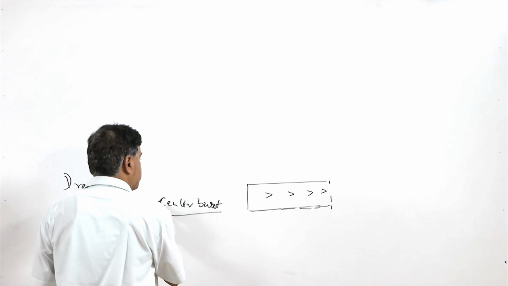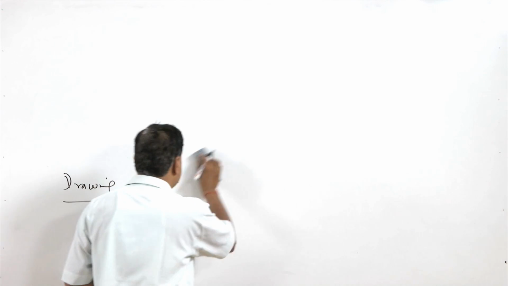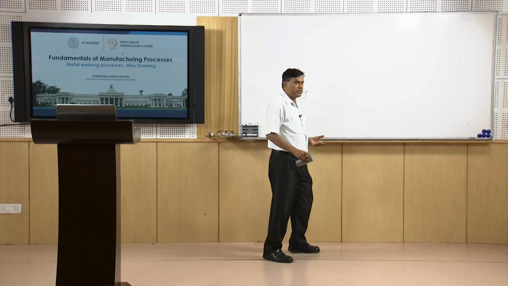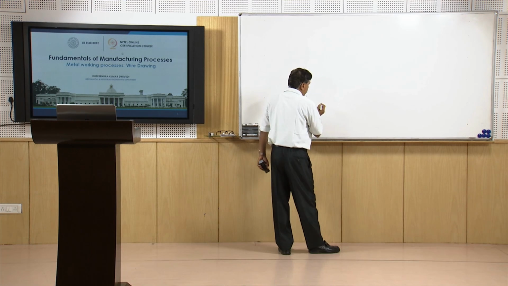There is another aspect apart from center bursts, and this happens primarily due to the differential deformation in the wire being drawn in the course of drawing.